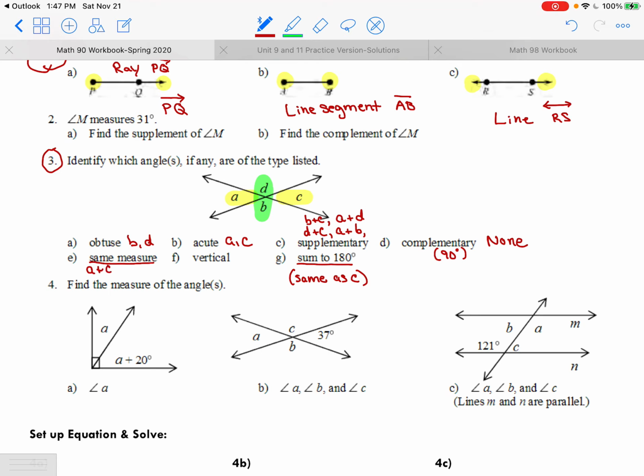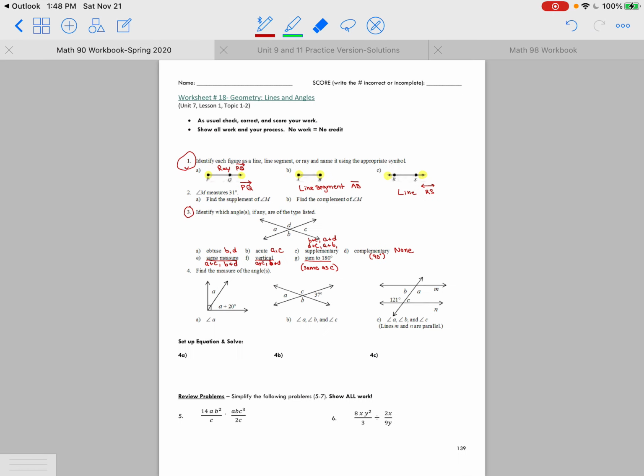We've got A and C, and we have B and D. And of course, vertical angles are the identity or relationship that we just used to find the answer for E. So we can basically use the same answer here, B and D. All right, so we kind of just went through that and exhausted all of our possibilities there.